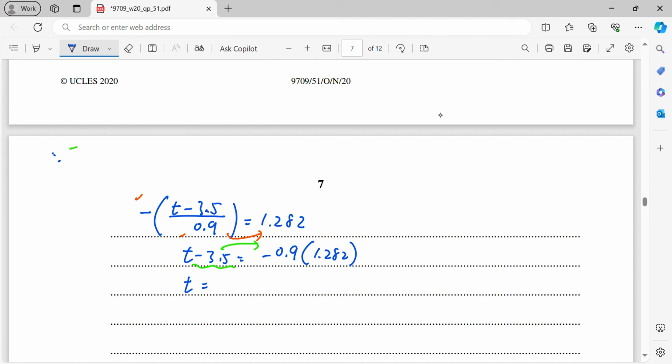So then from here, you will get negative 0.9 times 1.282 plus 3.5. That is going to be 2.3462. And now I round up to 3 significant figures. Look at the 6 and round up. Therefore, that is 2.35. So this is your t value.